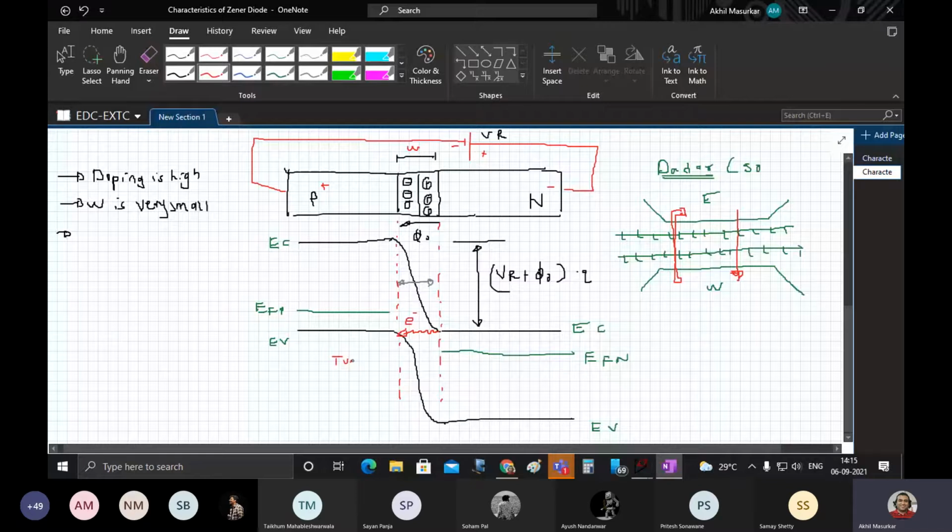So this tunneling is not destructive. So barrier can be overcome due to tunneling.